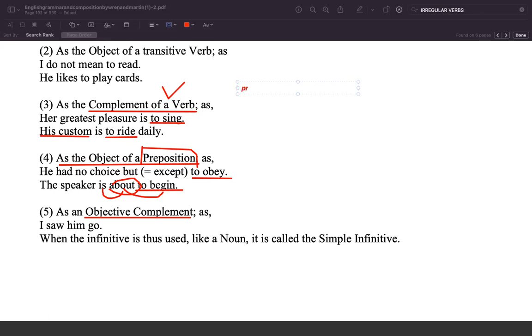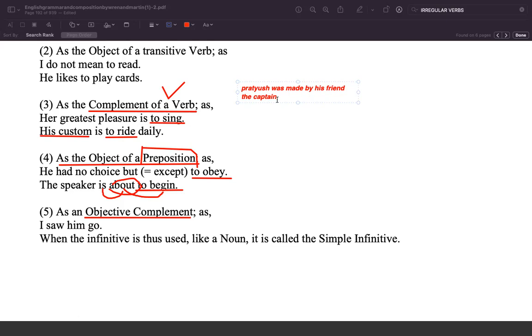Let's say, Pratyush was made captain by his friends, or Pratyush was made by his friends the captain.